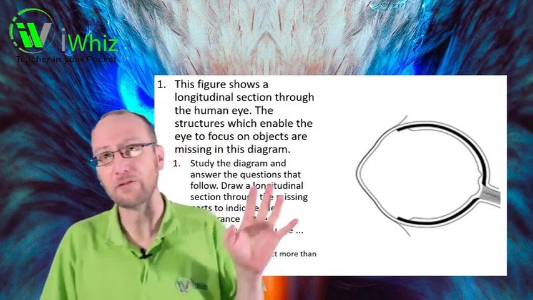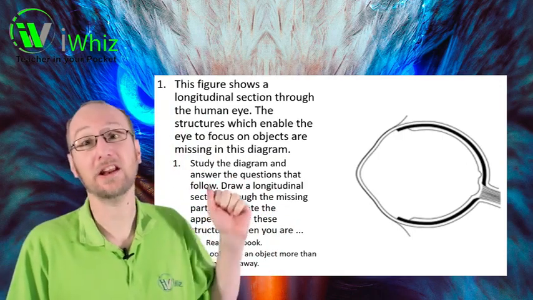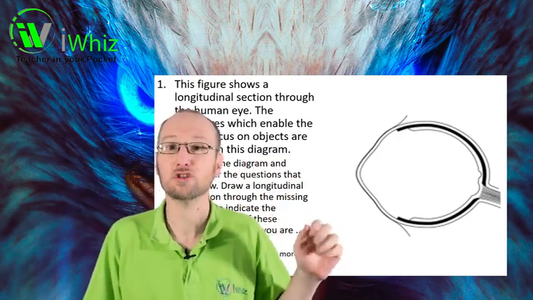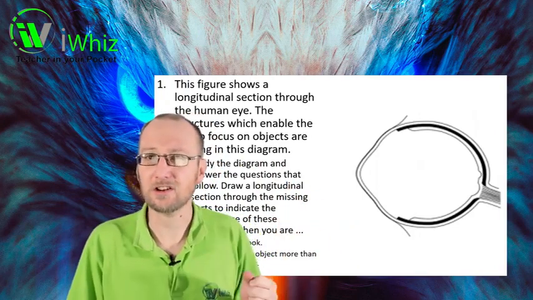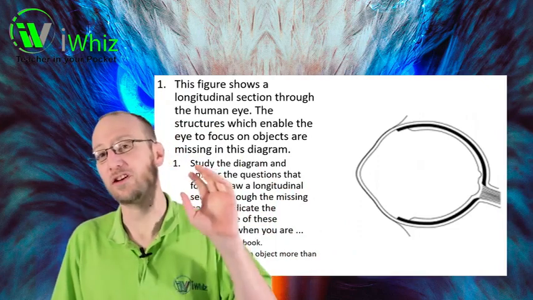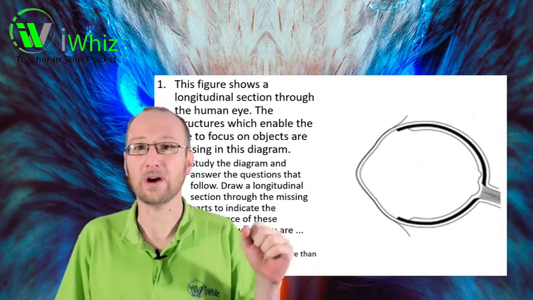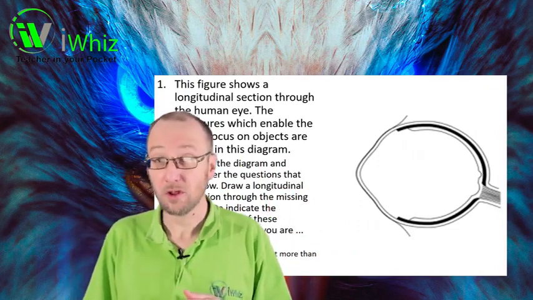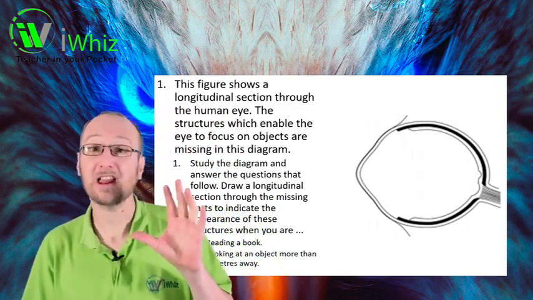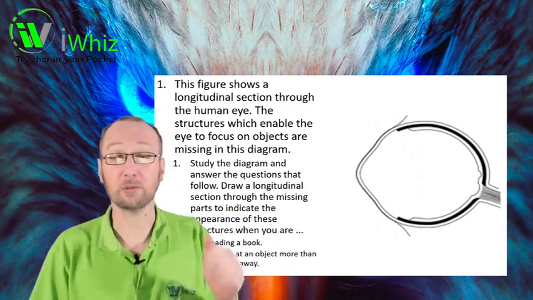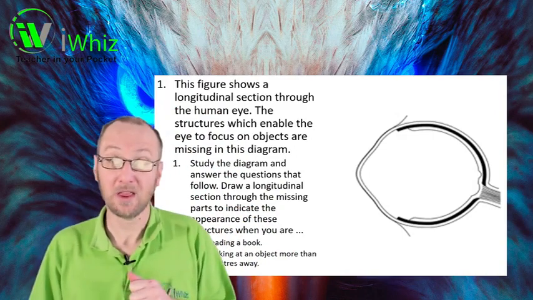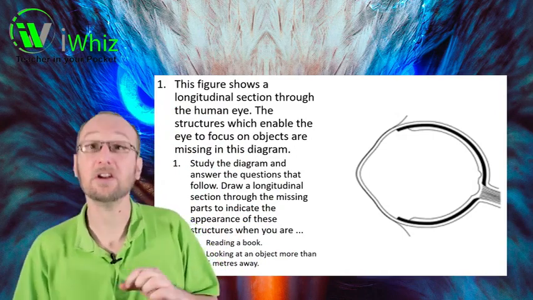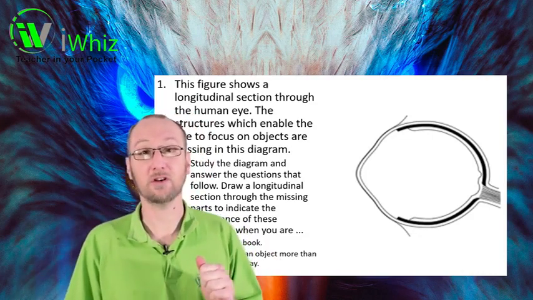Okay, so we have an eye here, but they've left out part of the diagram which shows the changes in the lenses etc. when we are focusing on a distant object or a near object. So in all likelihood, this question has to do with the process of accommodation. So the question then says, study the diagram and answer the questions that follow.